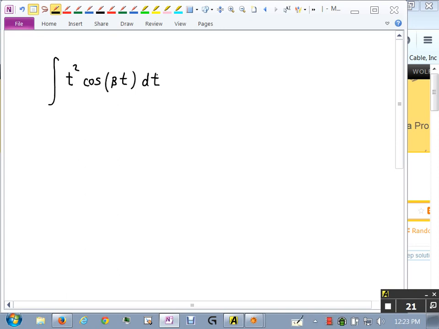Yes, but from the integration by parts, if we choose our T squared to be our U, then the dv here is the cosine beta t dt. So the antiderivative of that in the new integral is going to be what? Sine. So now in my new integral, I'm going to have a t in there, and I'm going to have a sine.